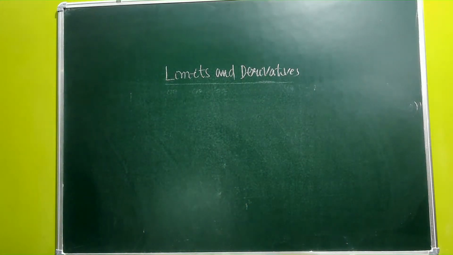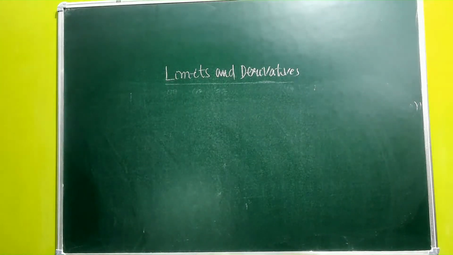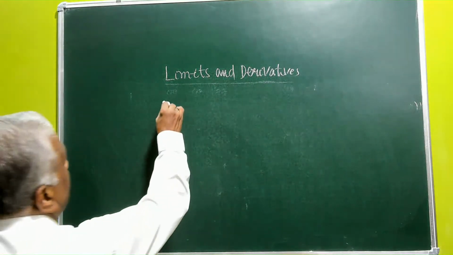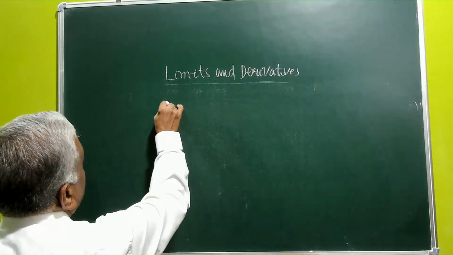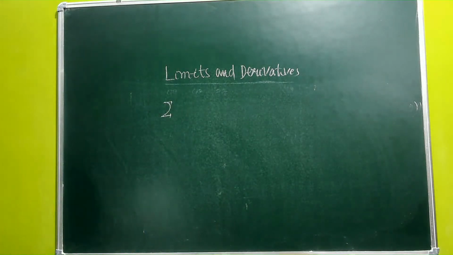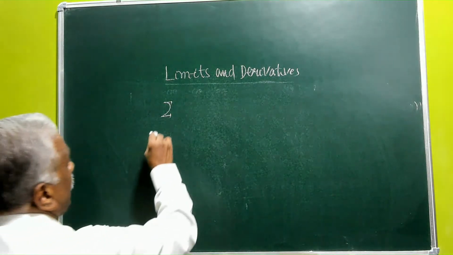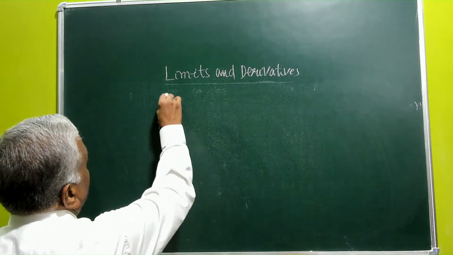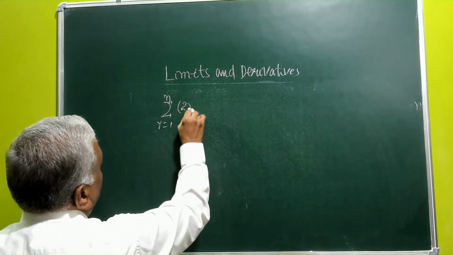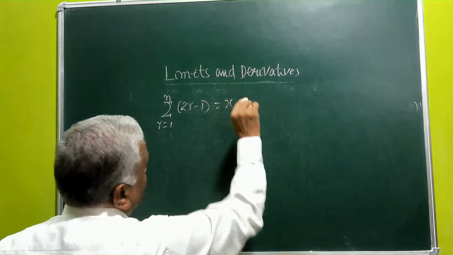We have a similar problem asked in the examination. Sigma is just to confuse. When you look at the problem, you think it is difficult. R is equal to 1 to n, 2r minus 1 is equal to x.